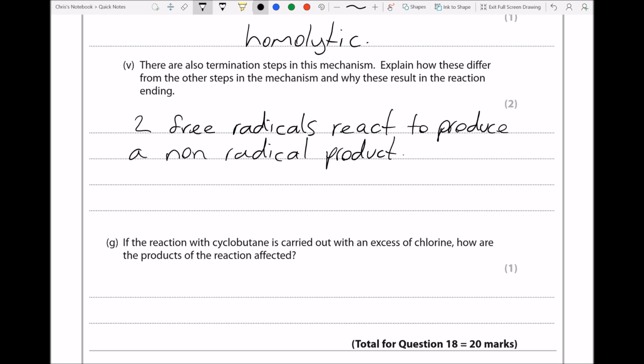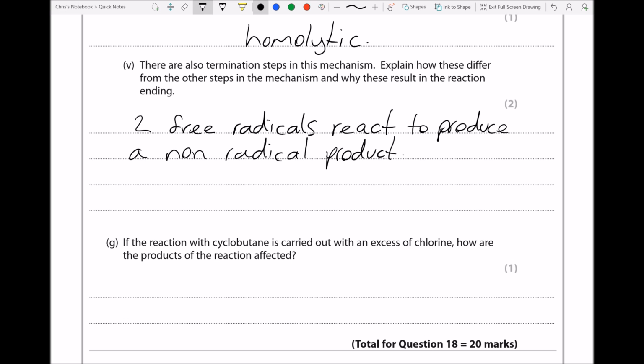Okay, and part G, the last bit. If the reaction with cyclobutane is carried out with an excess of chlorine, how are the products of the reaction affected? If you've got loads of chlorine, you're going to get multiple substitutions, because there'll be loads and loads of Cl dot radicals floating around. These radicals will then go and react with the haloalkane that you've just made in the propagation step, and form a dihaloalkane and trihaloalkane.